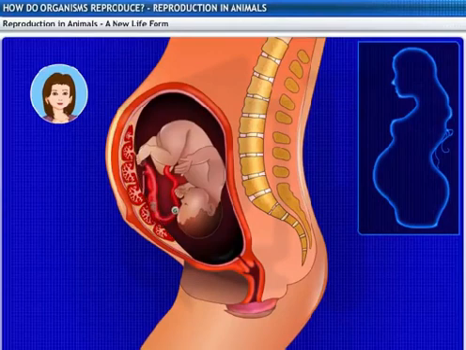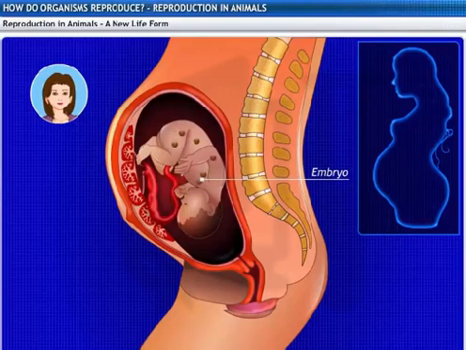This provides a large surface area for glucose and oxygen to pass from the mother to the embryo. The developing embryo will also generate waste substances which can be removed by transferring them into the mother's blood through the placenta.